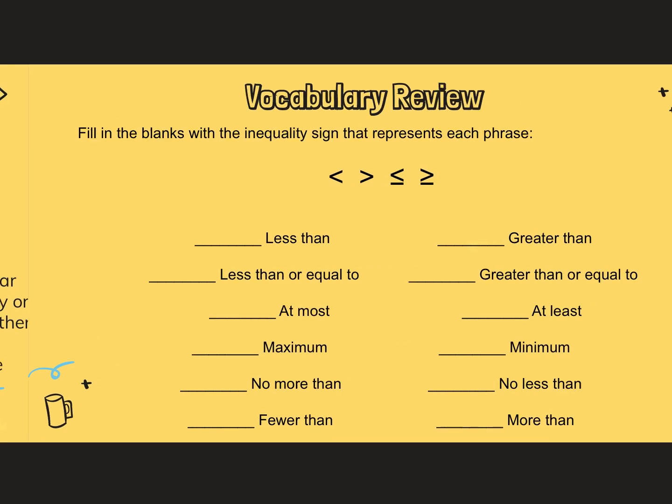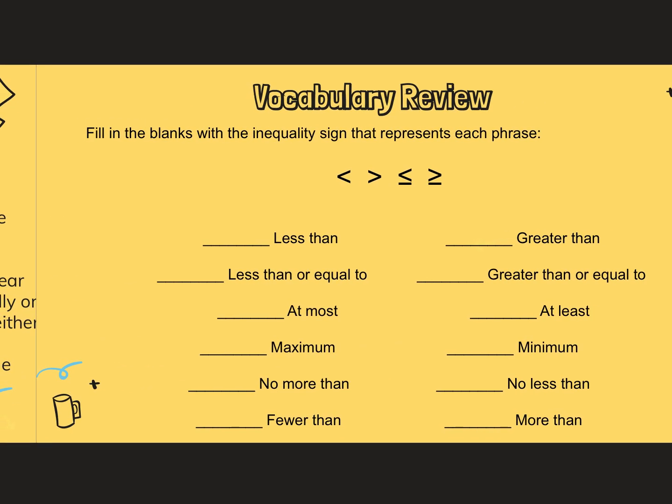So before we begin, let's review a little bit of vocabulary. Again, we have our four inequality symbols: less than, greater than, less than or equal to, greater than or equal to. Less than goes with our less than symbol. We have less than or equal to.